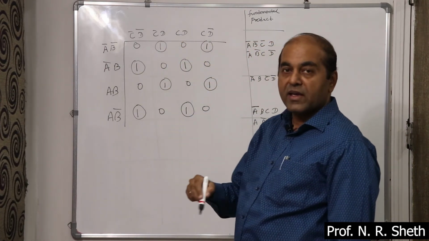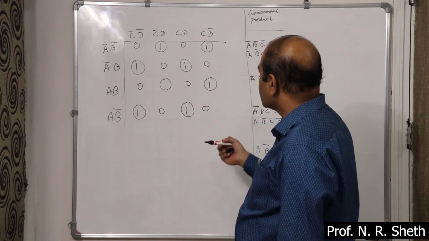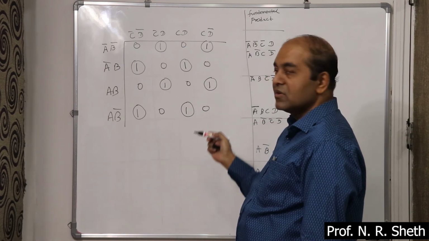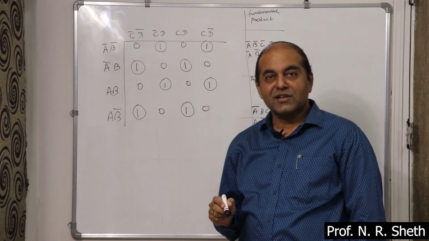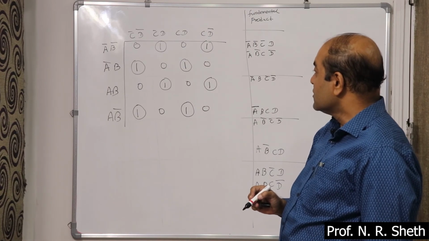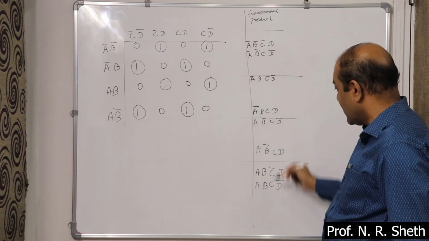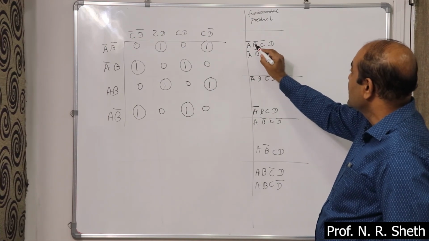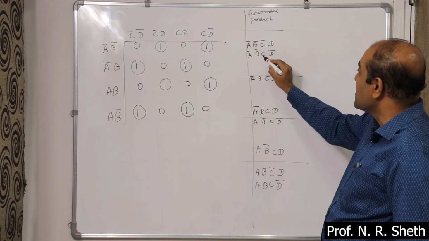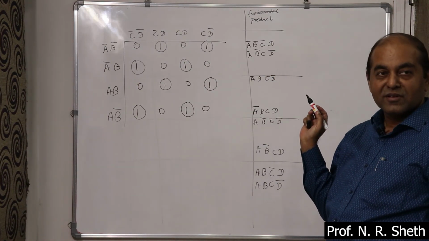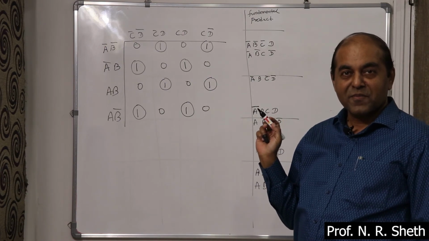Even after applying overlapping and rolling, nothing is possible because this one and this one have no connection. So deliberately this type of question is sometimes asked in the exam. So this is your y. Y equals to A bar, B bar, C bar, D plus A bar, B bar, C, D bar plus this, plus this, plus this. Okay?